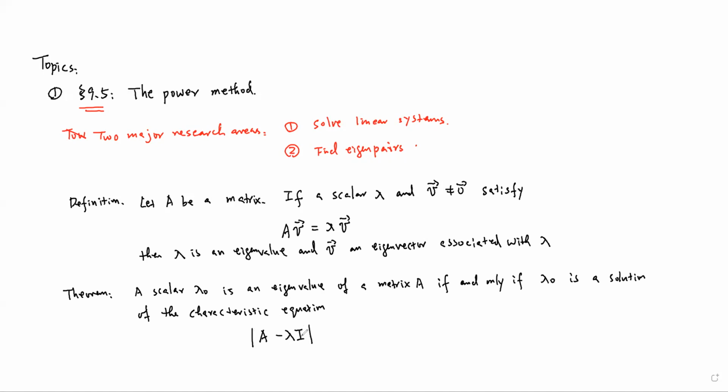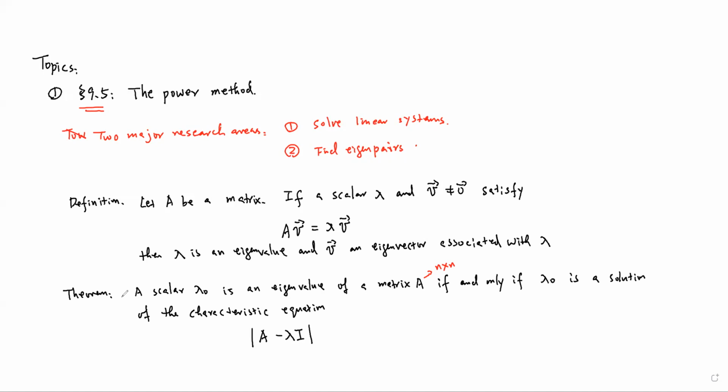If you expand this determinant by cofactor expansion formulas, you will see that this determinant is a polynomial, and the degree depends on the size of A. If A is n by n, then this polynomial has degree n, so there are n zeros.